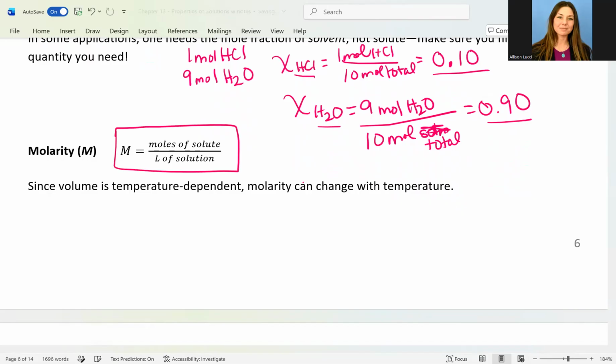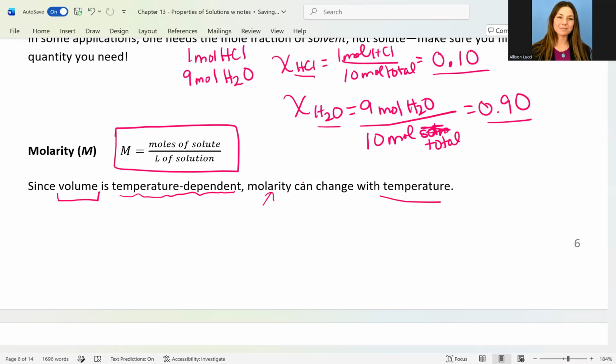So we have a second unit here, molarity, which you are probably already familiar with. It's abbreviated with this capital M, and it's the moles of solute divided by liters of solution. So liter is a measure of volume, and since volume is temperature dependent, molarity, or concentration, can change with temperature if it's reported in moles per liter.